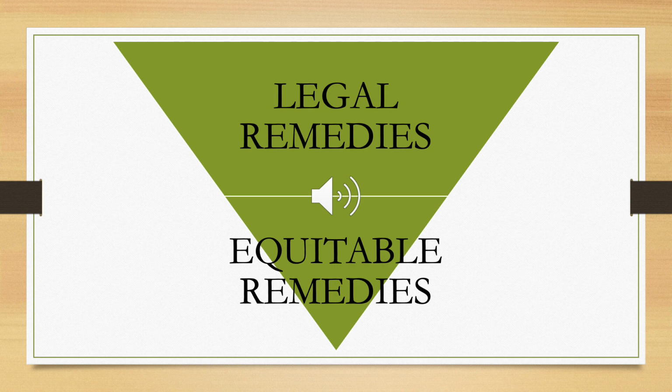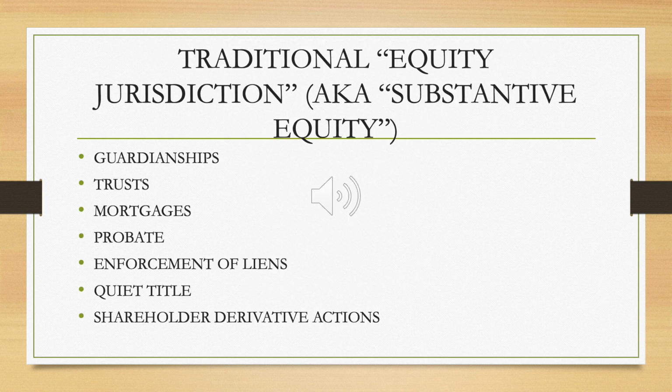And in fact, as we'll see, one of the prerequisites to obtaining an equitable remedy is that the legal remedies are inadequate. In fact, while we're on that concept, let's talk about when you would have the ability of a court to employ an equitable remedy.